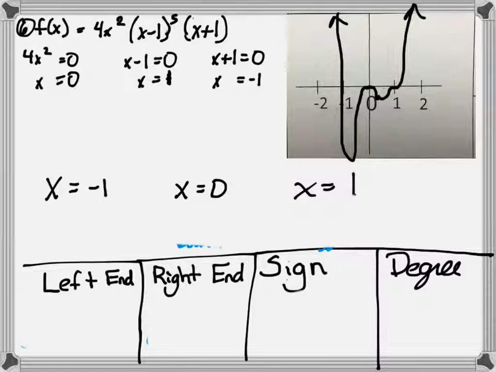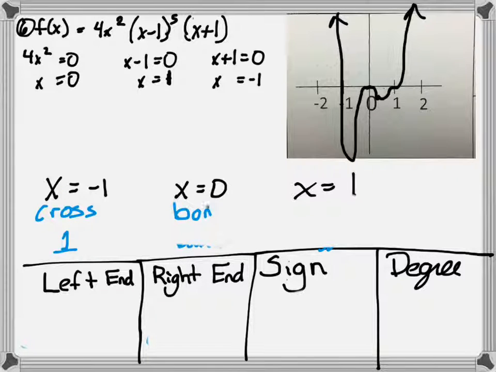On number 6, we set 4x squared equal to 0 and got 0. X minus 1 equals 0 gets positive 1. X plus 1 equals 0 gives negative 1. And at negative 1, is it a bounce, wiggle, or cross? Cross. And exponent? It's always a 1 if there's not an exponent written. At 0, bounce, wiggle, or cross?